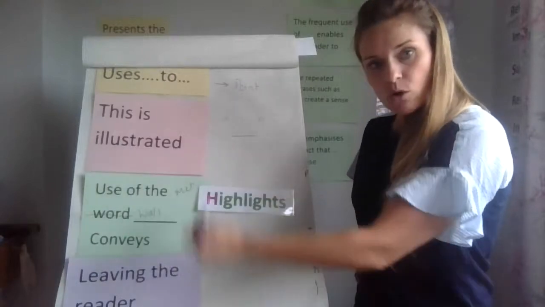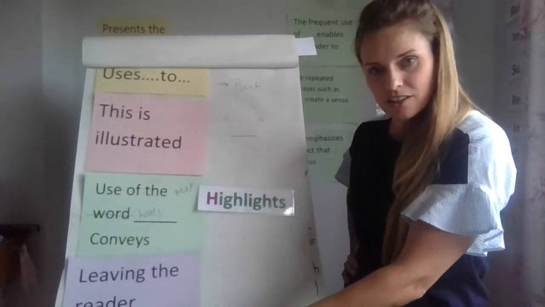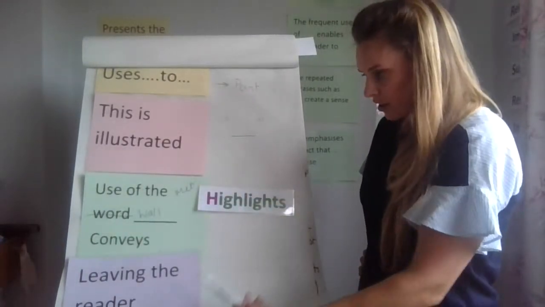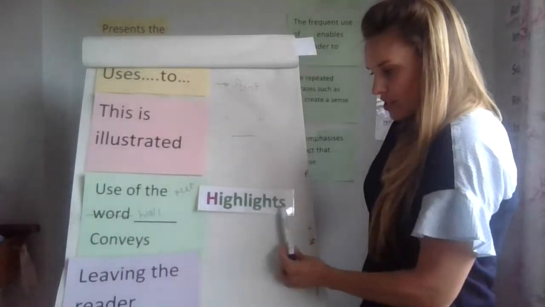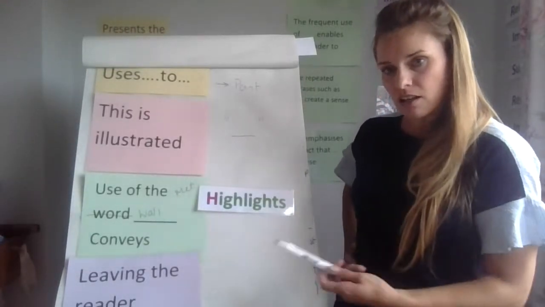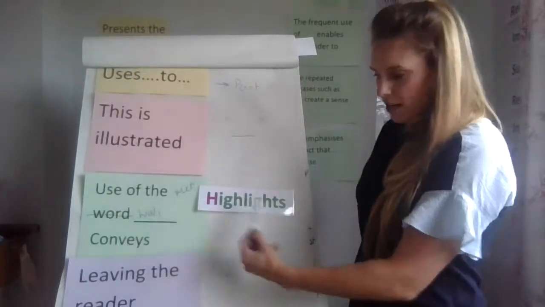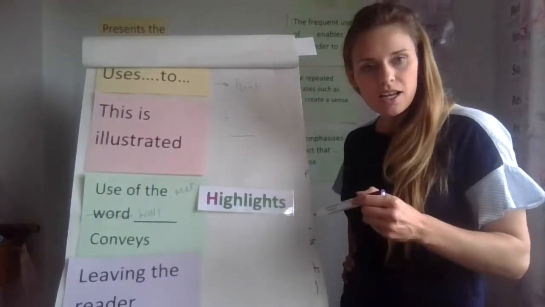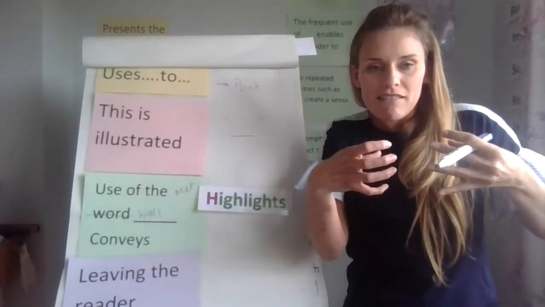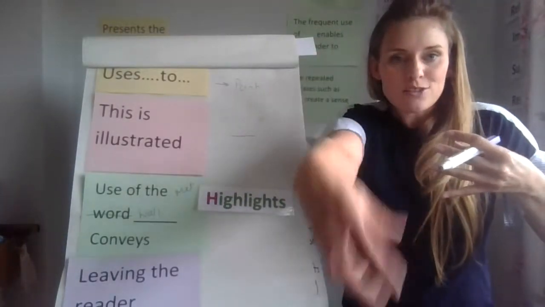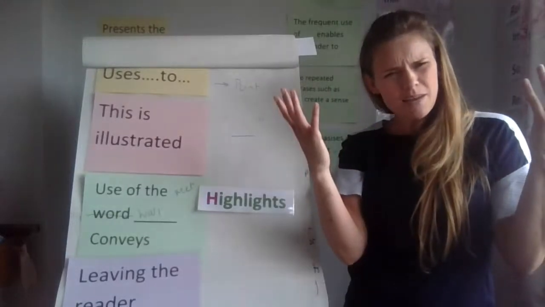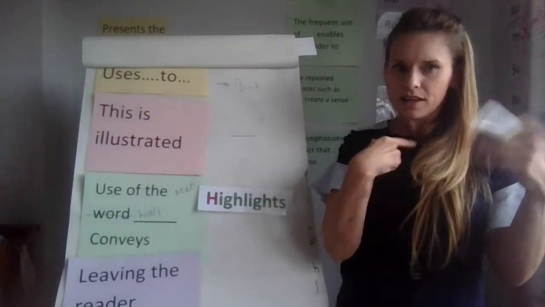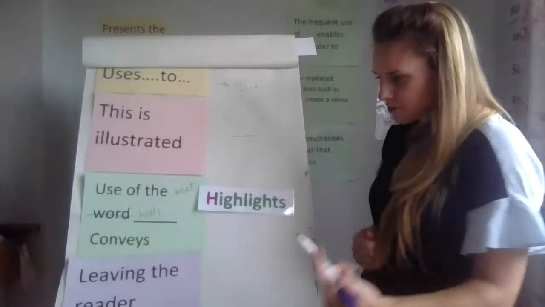This is your how and why and I section. This is the marks. I want you to see if you can get highlights in there. So this highlights for some reason in some way, like Sheila, or the use of the word wall highlights a physical barrier, stopping people going out, stopping people coming in. Why has that been done? What do I think about that? Got lots to talk about.